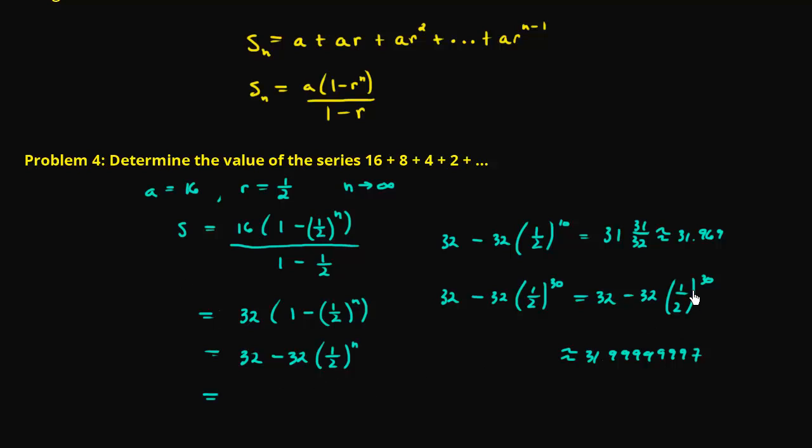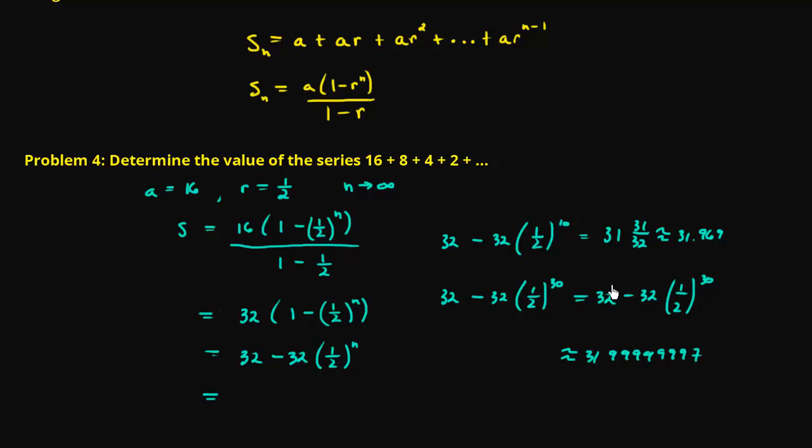So let's think about what's going to happen if n keeps increasing here. Well, if I raise 1/2 to an increasingly large exponent, then the value here is getting increasingly smaller. Let's say I raise 1/2 to the power of 40. Well, that's going to be 10 factors of a half smaller than 1/2 to the power of 30, which is already really, really small.